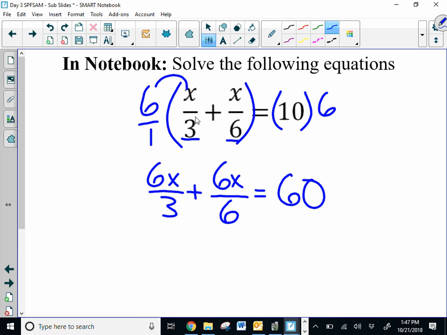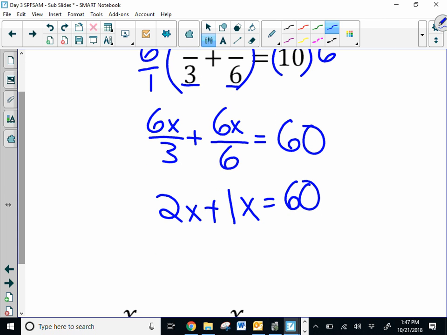We can't just use the shortcut. Then we have 6 over 3, that's going to become 2x, plus 6 over 6, that's going to become 1x, equals 60. Then we'll do 2x plus 1x, combine those like terms. That gives us 3x equals 60.